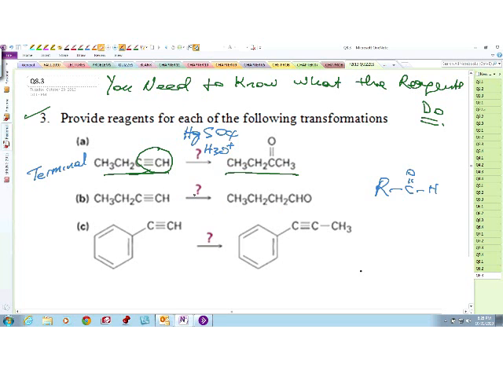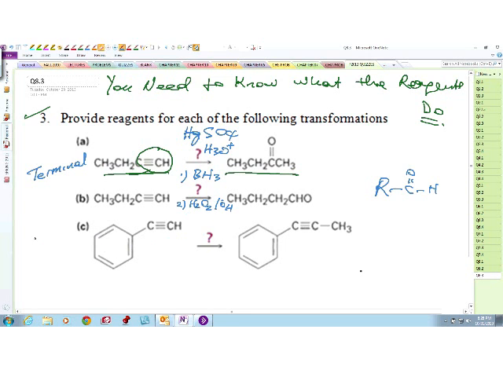Very good. In other words, you do this: 1. borane, and you follow that up with 2. hydrogen peroxide in basic medium. So this is once again a case of knowing your reagents. You just have to know what those reagents do.